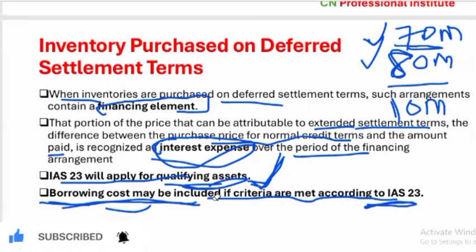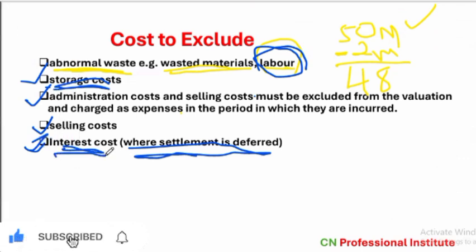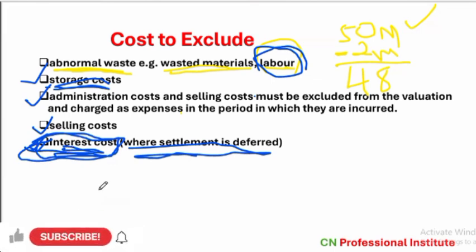So with inventory, we normally expense the interest expense. We don't capitalize it. They are normally expensed because most inventories are available for immediate use when we buy them, right? So that's something small about the deferred settlement.